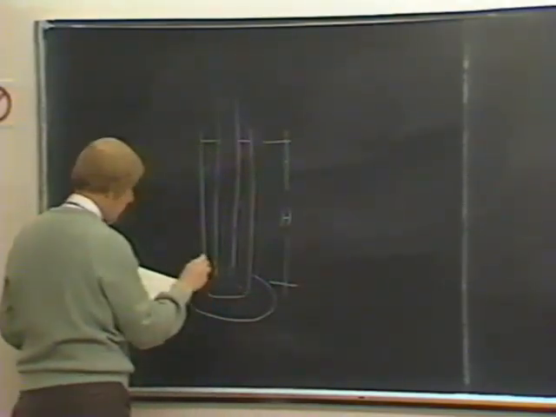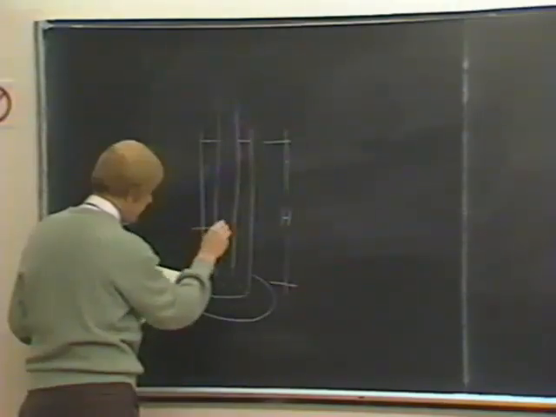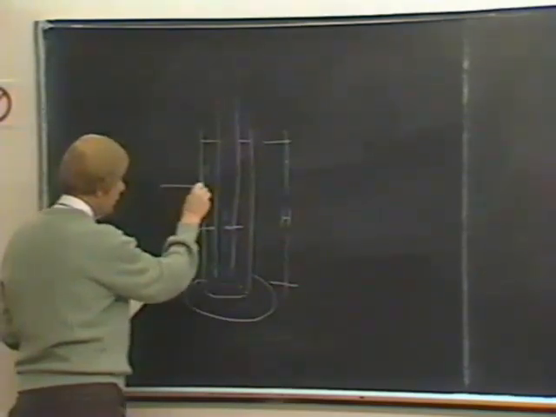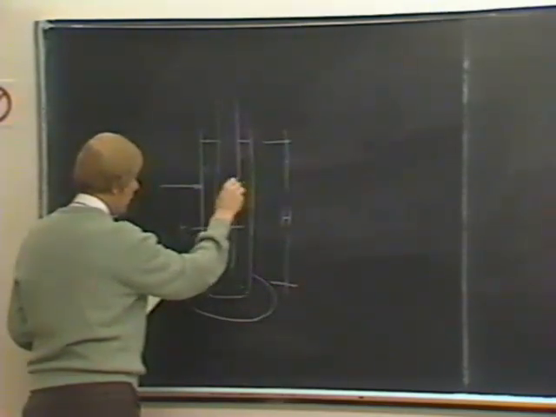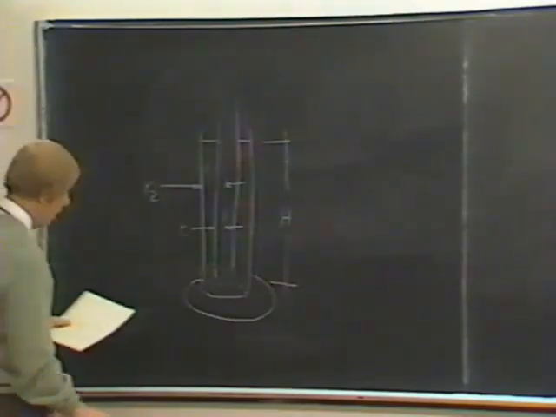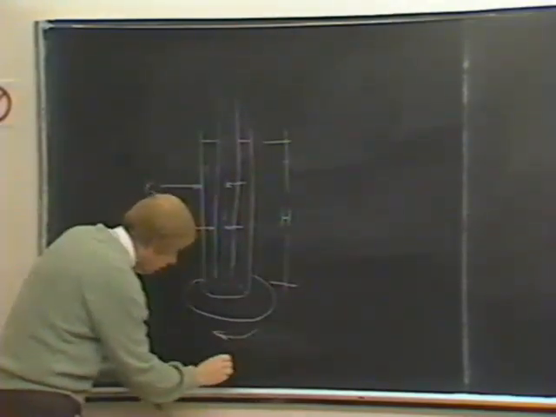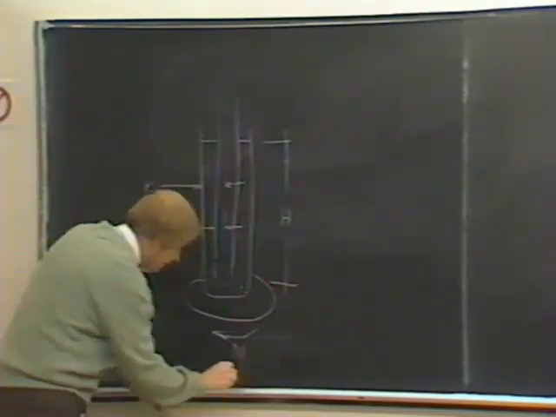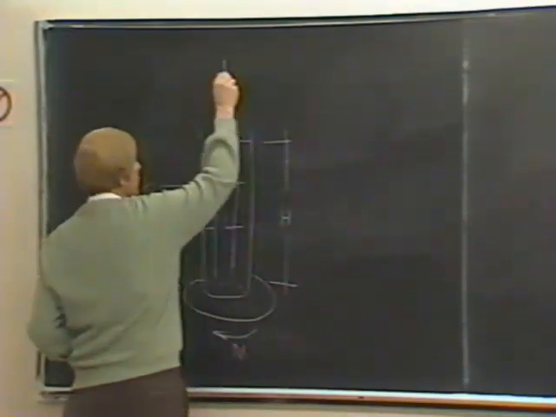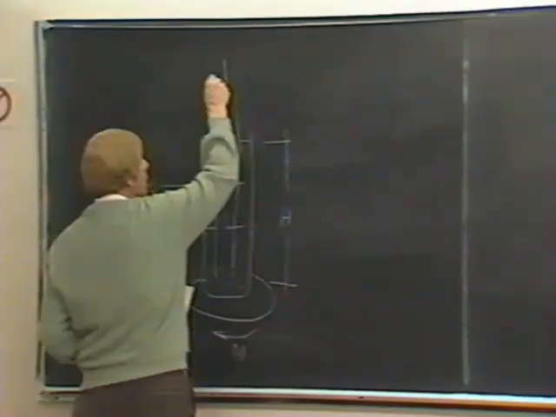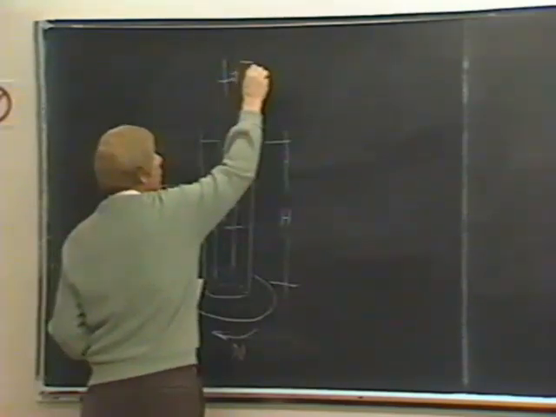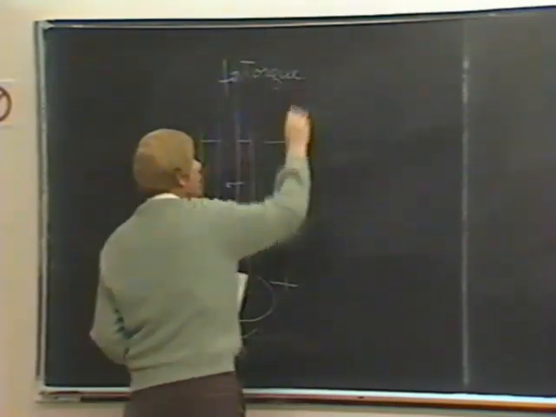We have R1, and R2, the outer cylinder radius. And this is mounted on a turntable. It could turn at some rotation rate in, let's say, revolutions per minute. And then we can measure the torque on the inner cylinder.